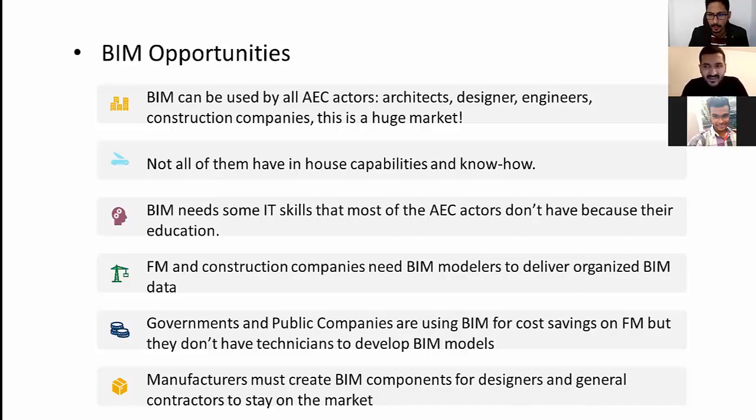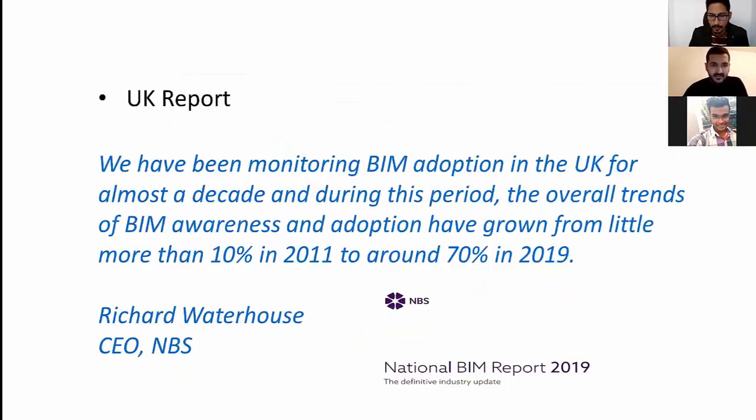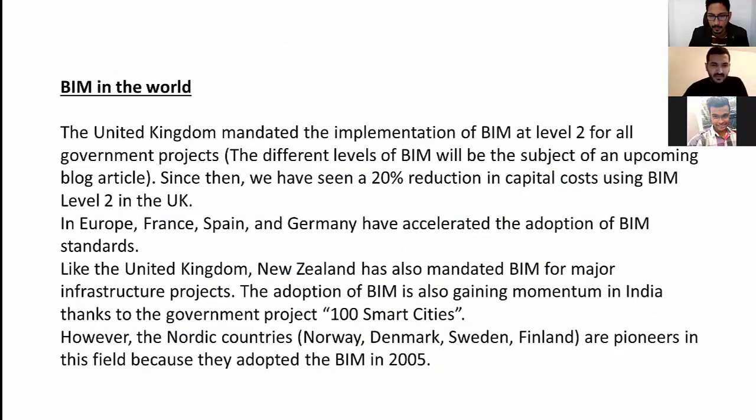We are talking about BIM for smart city development. How can we sustain cities and also develop them smartly by using BIM?